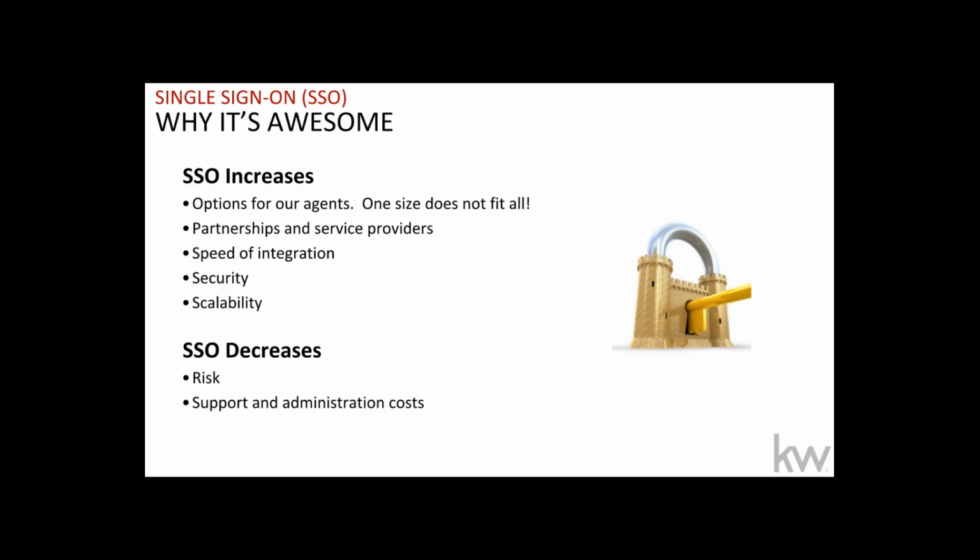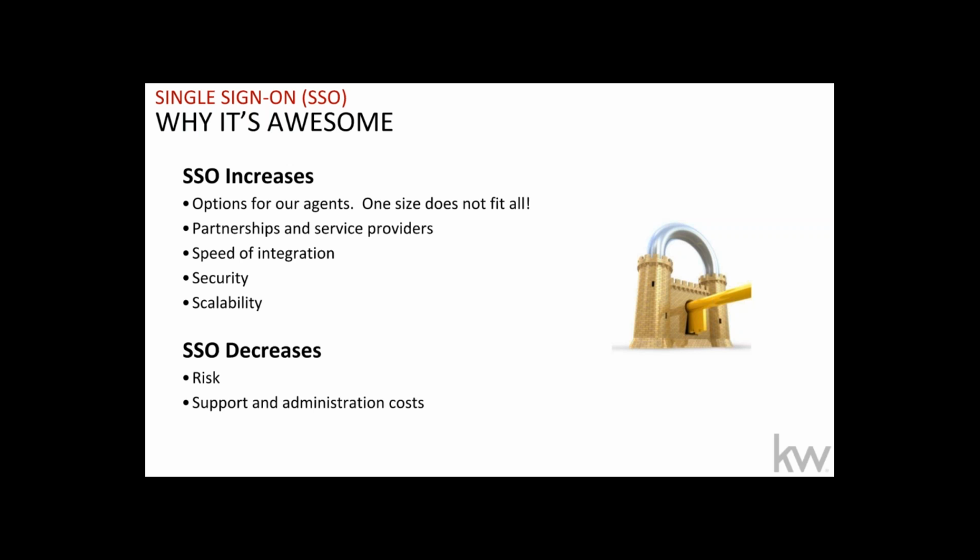So SSO helps us integrate these strategic partners in a very quick way, in a very secure way, in a way that scales and helps us provide a big technology suite to 150,000 real estate agents out there. Because of security and scalability, it also decreases our risk and our support and administration costs.